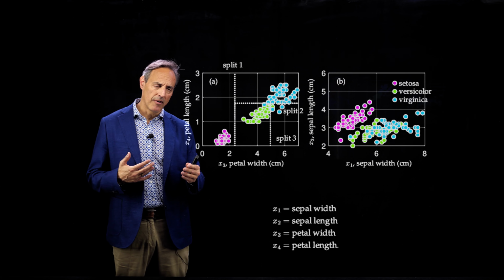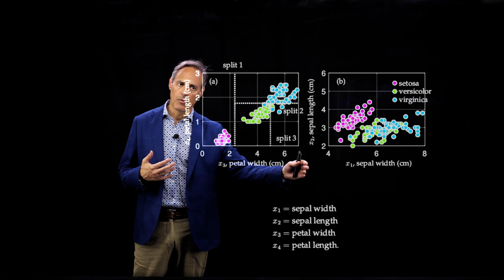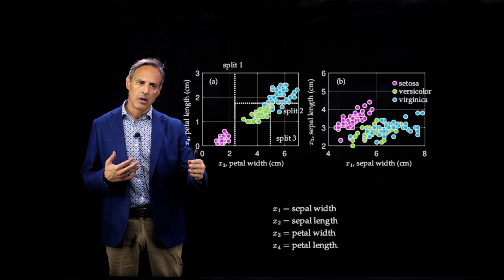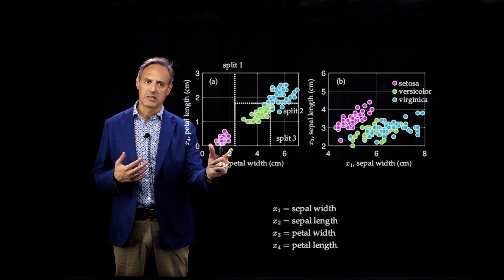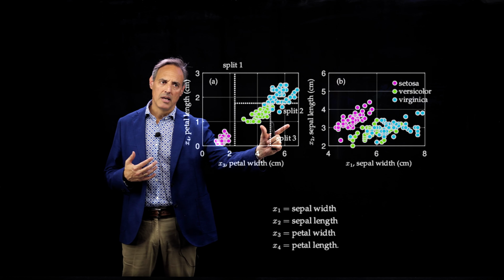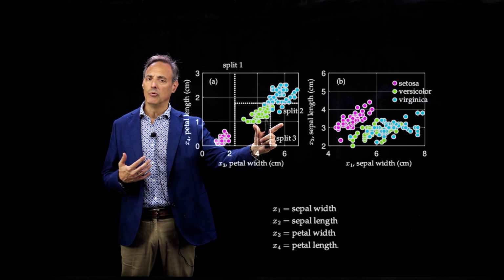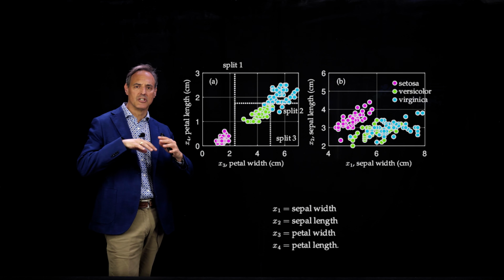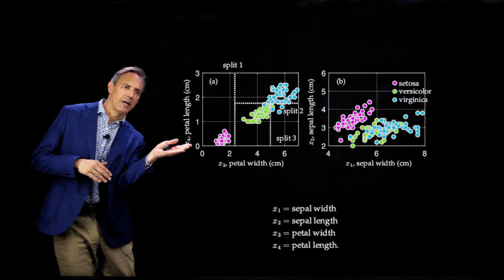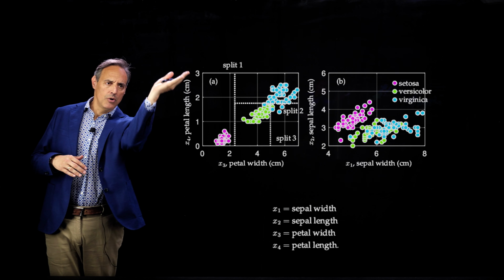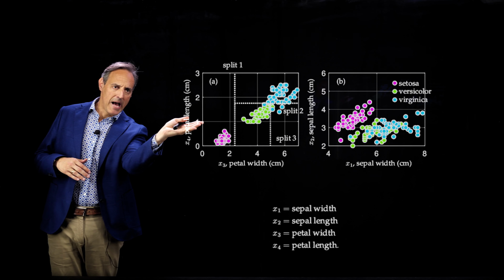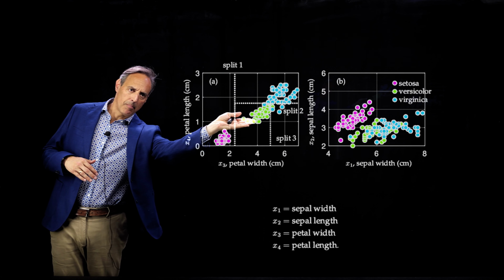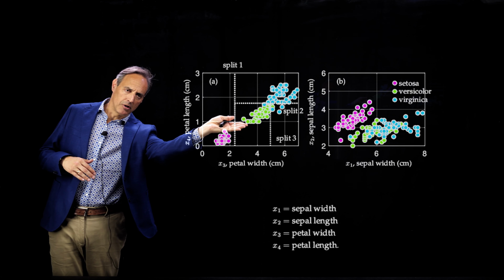Notice if I walk along x1, I can get a perfect split between the magenta and the green and blue balls. In other words, it's almost like I can get 100% accuracy in splitting it along x1. If I come along x2 here, it's still not bad. I don't get quite the same separation between the magenta and green.